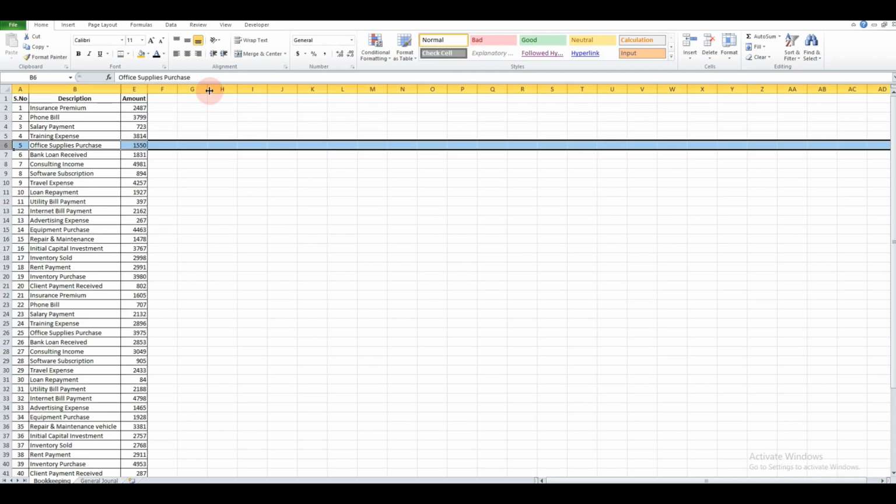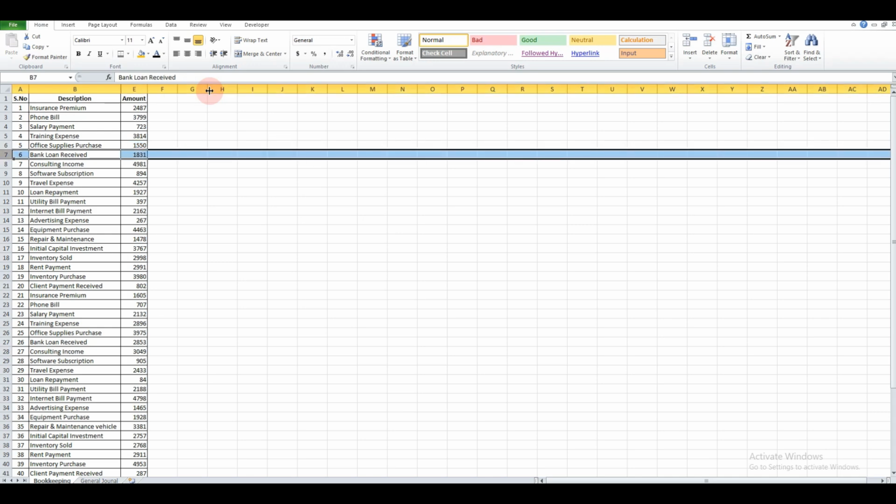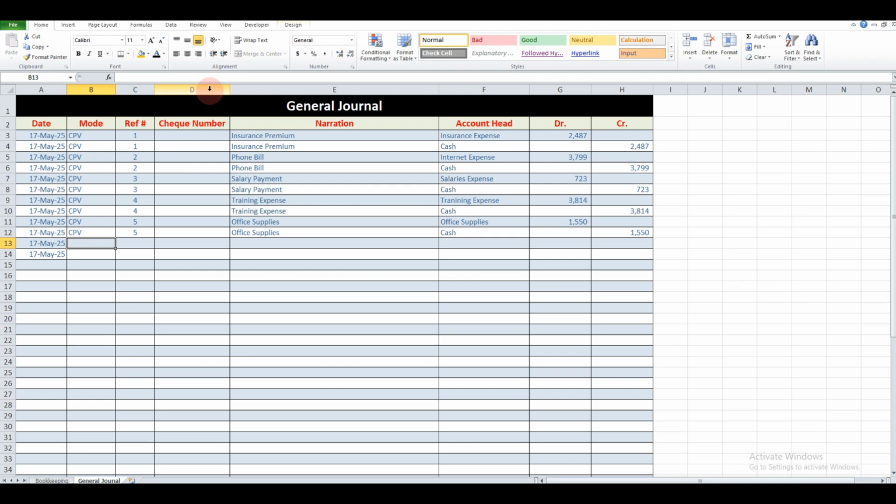And the other entry is bank loan received. It means we have received cash from the bank as a loan. BPV, bank payment voucher, debit loan received from bank. You can add the bank name here as well. So cash debit.